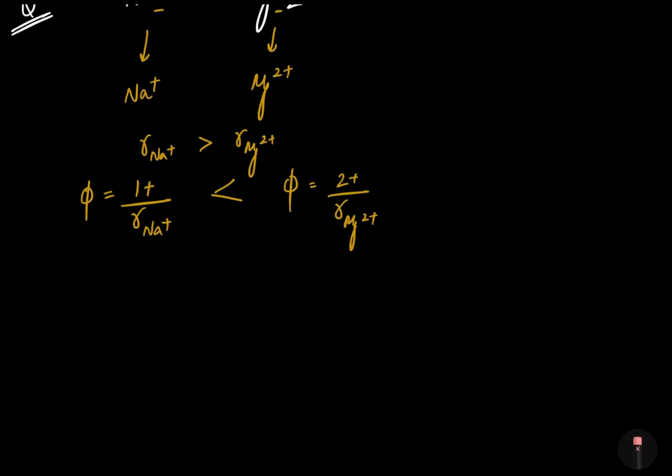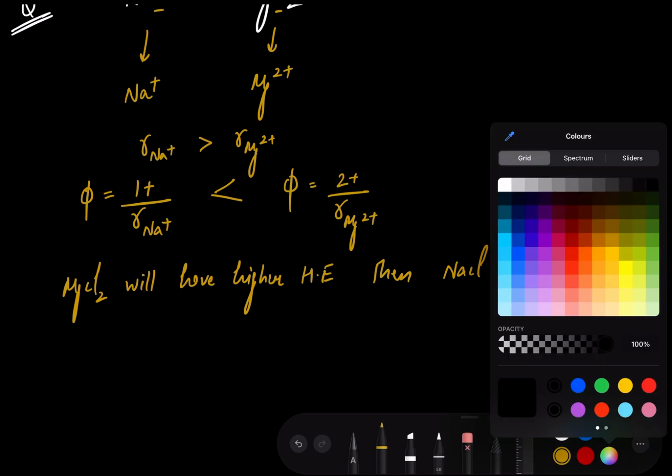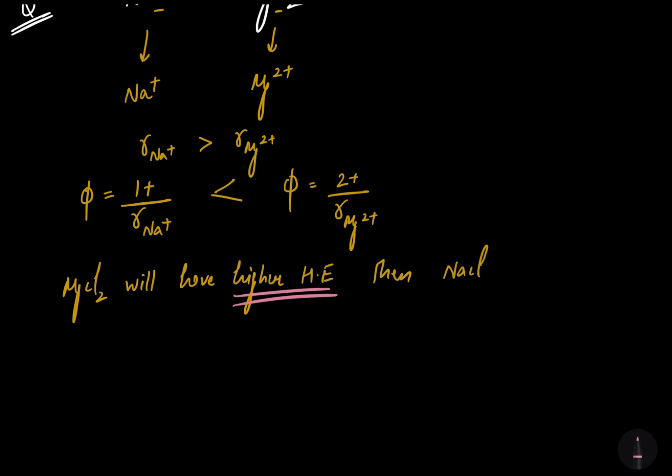That means MgCl2 will have higher hydration energy than NaCl, which means that higher hydration energy means higher solubility. MgCl2 will have higher hydration energy as well as higher solubility than NaCl, or sodium chloride.